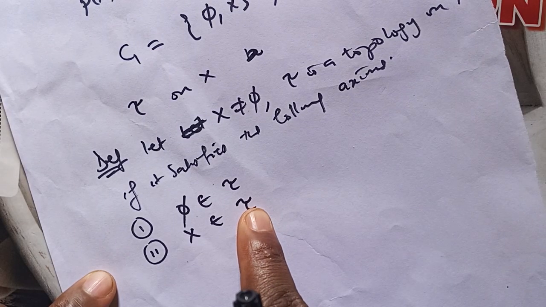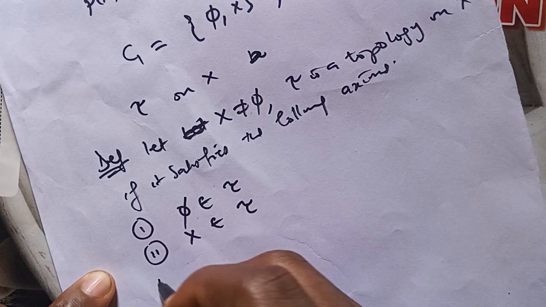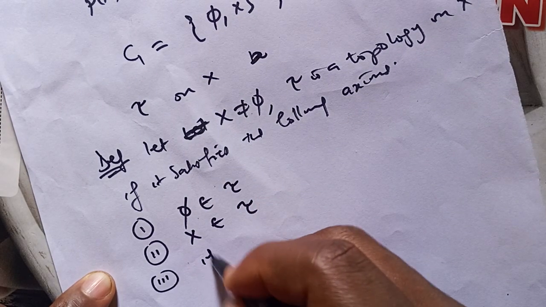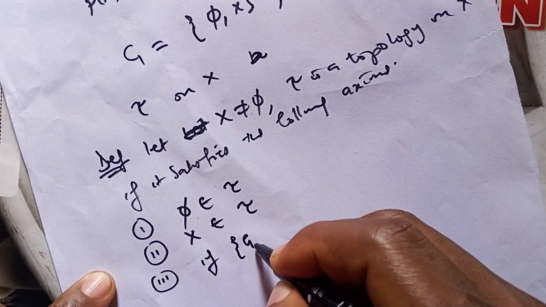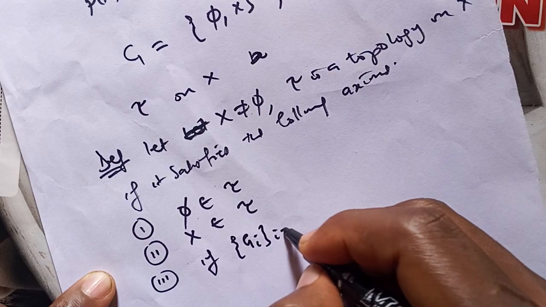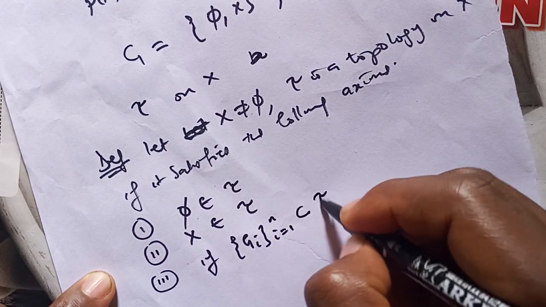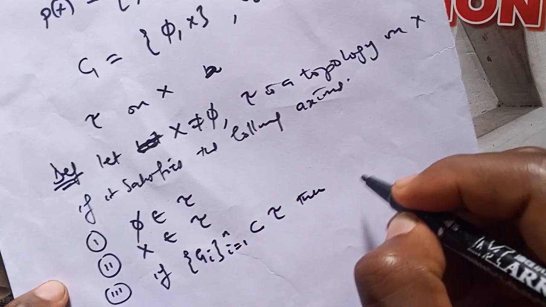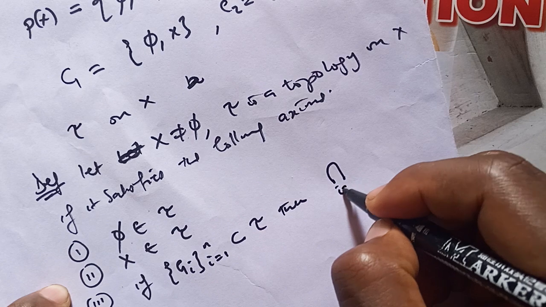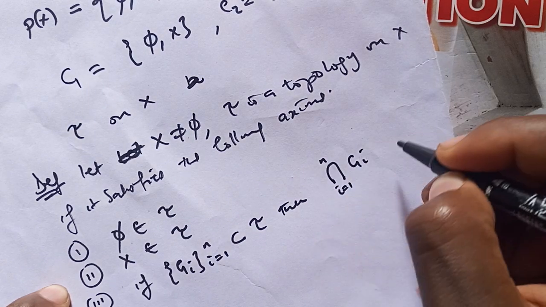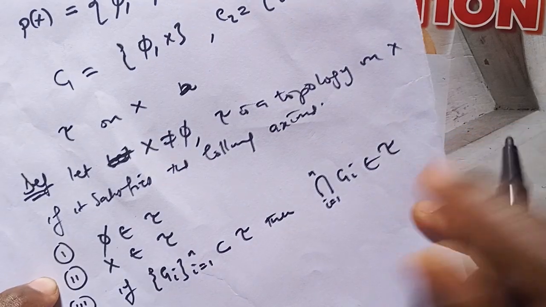Remember that tau is a class. The third property is that if this finite sequence is a subset of tau, then the finite intersection of this sequence is in tau.